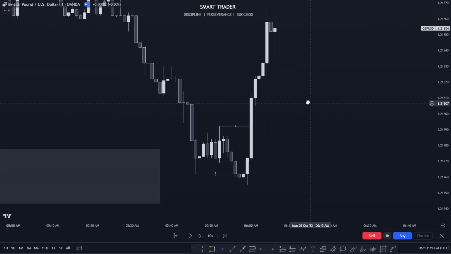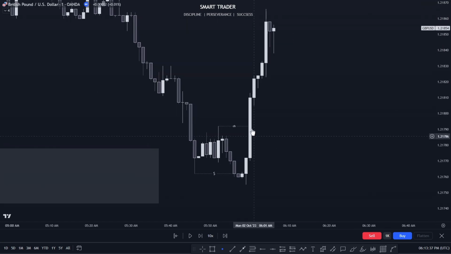So now take a closer look over here. After the market has changed character, giving us confirmation for the buy, we see that there is no order block over here. There is no order block, no inducement over here, except this extreme order block, which is right here.